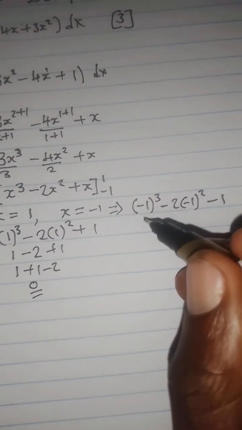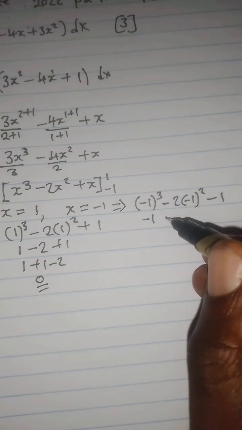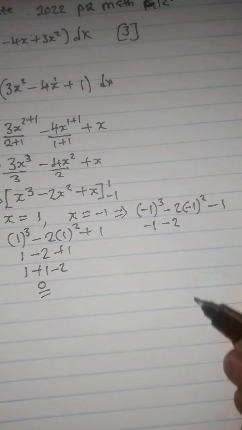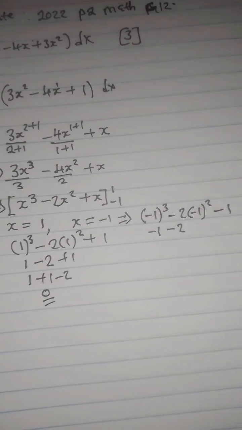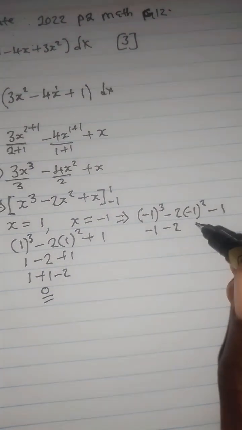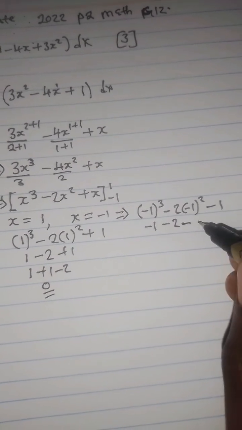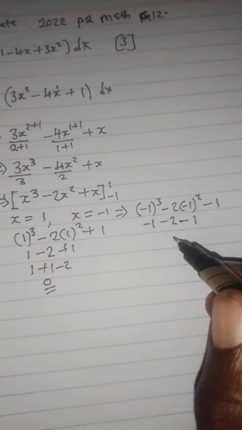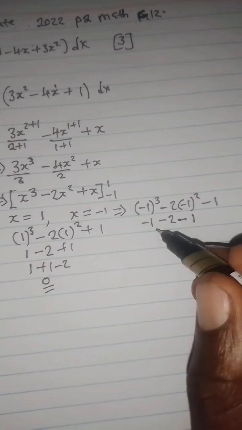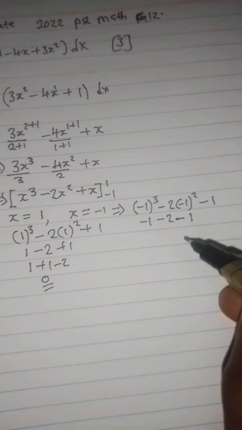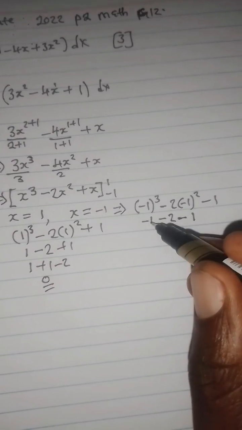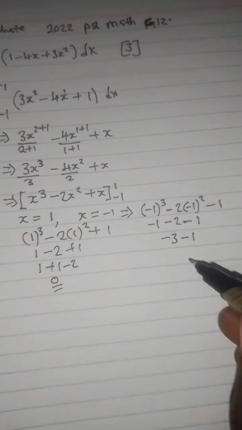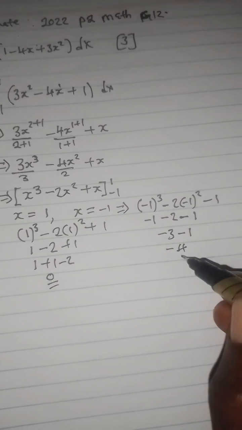This gives us negative 1, and then negative 1 to the power 2 is positive 1, times negative 2, which gives us negative 2, and then also negative 1. So negative 1 minus 2 is negative 3, then minus 1, and this will give us just negative 4.